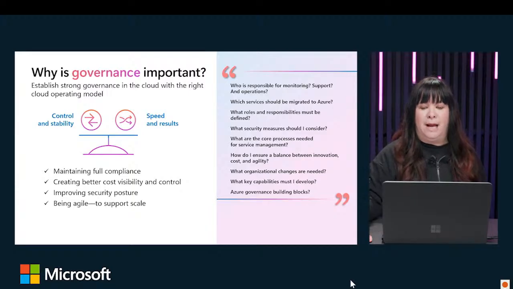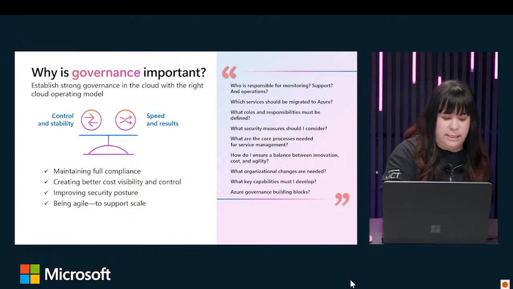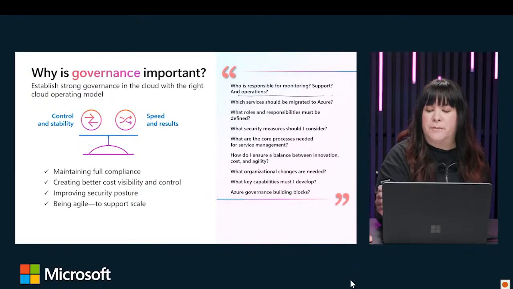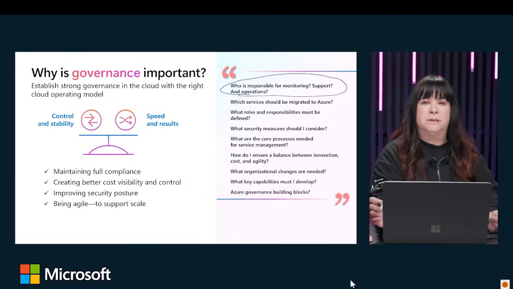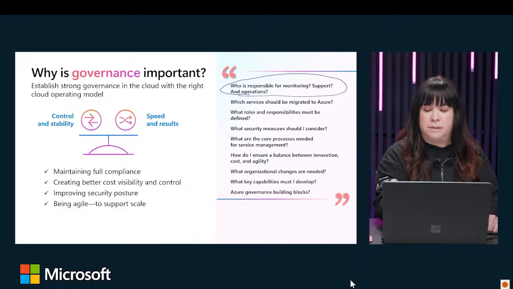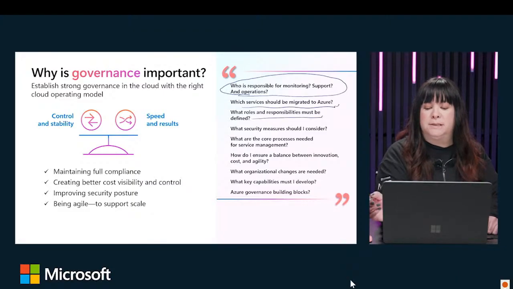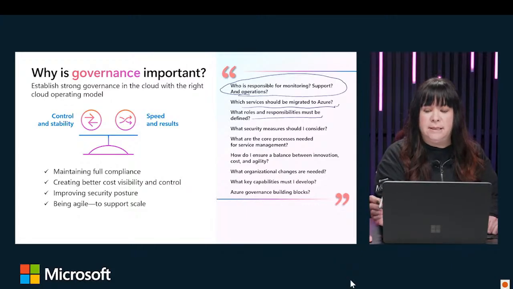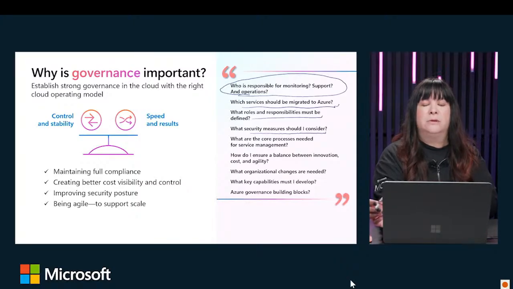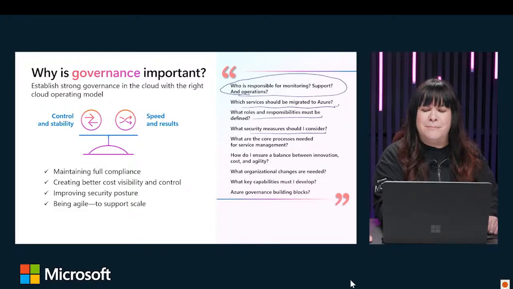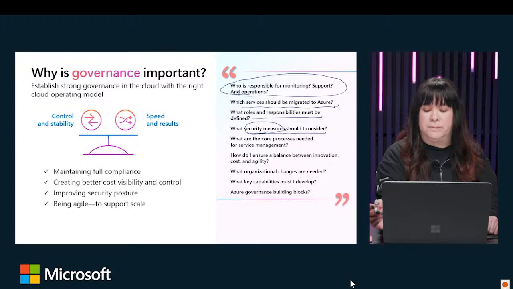So when we look at each one, who is responsible? Who is responsible for monitoring, support, and operations? So finding those key teams, what services should be migrated, what roles and responsibilities you need to define, and which security measures I should consider. And with Azure, not just Azure alone, with the Microsoft Cloud, there are many different types of security measures depending on what you're deploying.